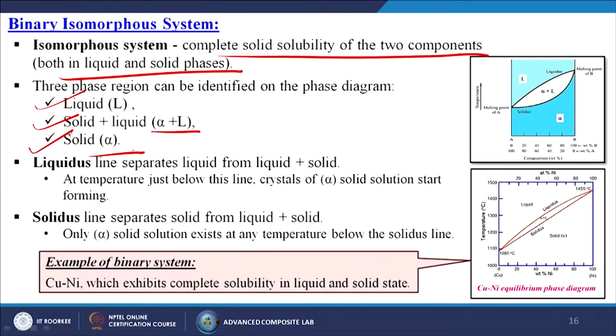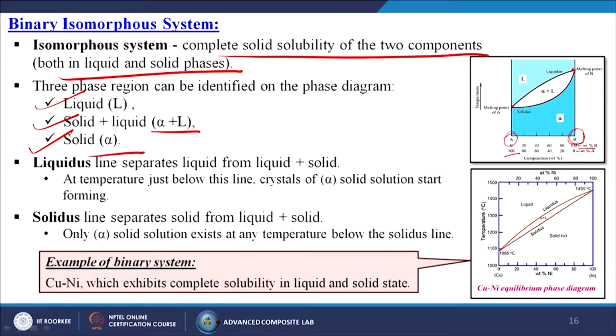In this case there are two materials, A and B. The melting temperature of A is here, and the melting temperature of B is here, which is higher than that of A. The weight percent of B is increasing, so point B is 100% B and point A is 100% A.